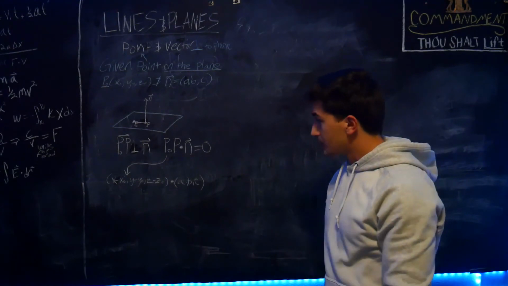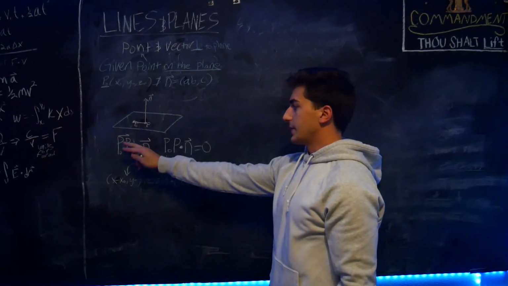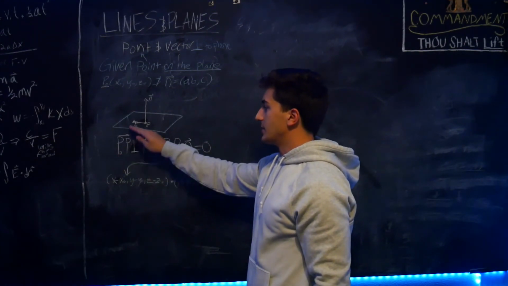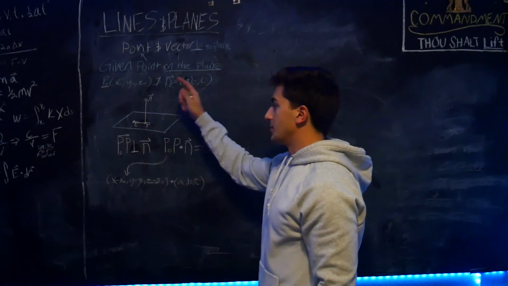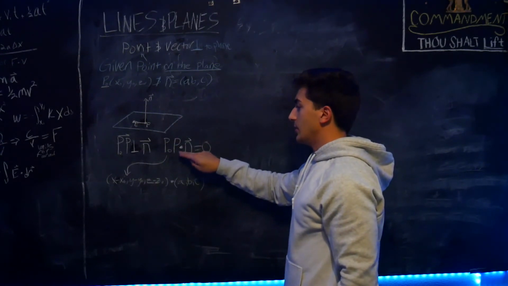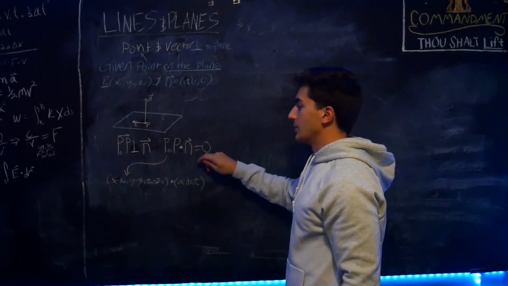So I'm gonna re-explain this because I left off just right there. So we can say this new line we wrote is perpendicular to N, right? And this is dotted with N equals 0, right?